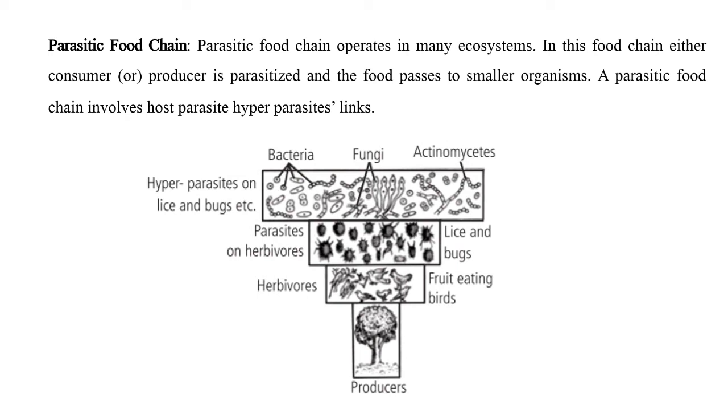In this picture you can see the producers are the tree, herbivores feed on them and are eaten by birds, then parasites on herbivores like lice and bugs, and the last are hyperparasites on lice and bugs: bacteria, fungi and actinomycetes.